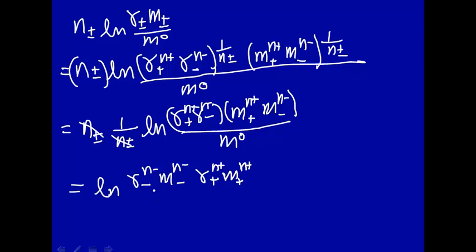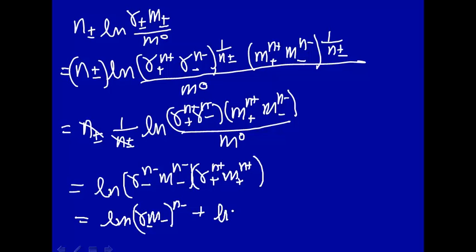And note that the logarithm of a product is a sum of the logarithms. So this will just be the natural log of gamma minus m minus raised to the n minus power plus the natural log of gamma plus m plus raised to the n plus power.